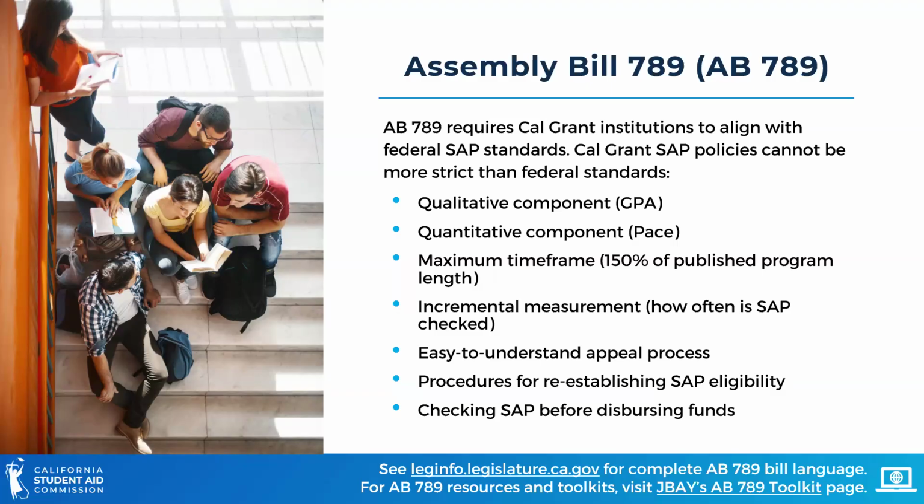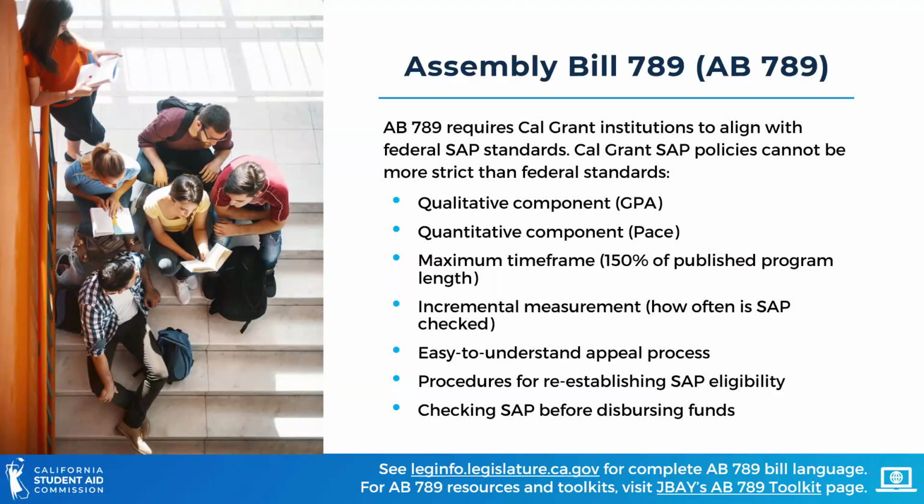Some schools check SAP after each term and may have a SAP warning status. Other schools will run SAP once per year. Either is fine, as long as you are consistent among all students and that you are running SAP based on the student's cumulative GPA and pace, not their per term GPA and pace. It has to be cumulative across all of their terms.